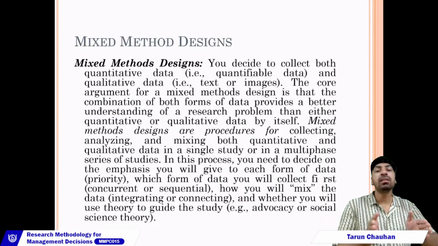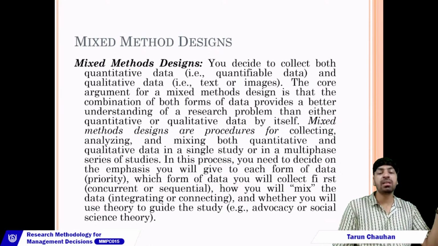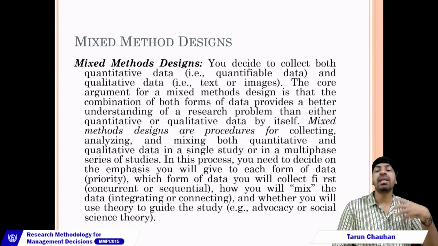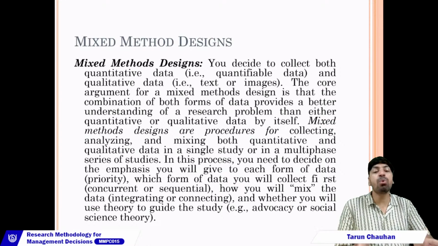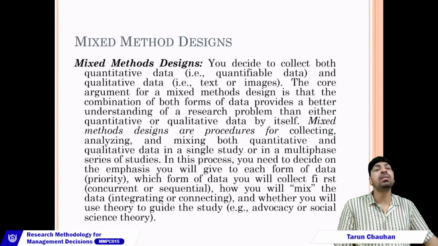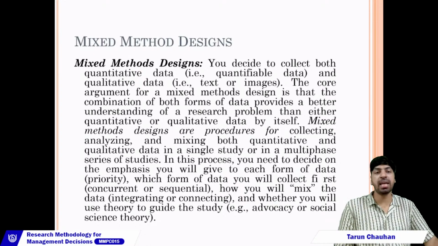So when you mix two methods or two types of data, a researcher has to decide whether it will be in sequence order or concurrent order, whether he integrates or connects the data, and what theories he will use to connect both and guide the study. And that's called the mixed method design.